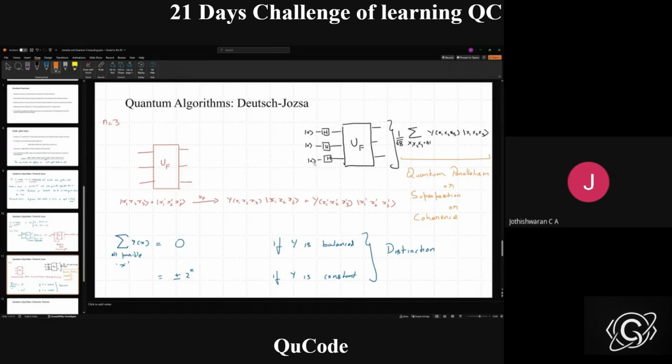If y was not a constant, if y was a balanced function, then the ket 0, 0, 0 state will never occur. So essentially what my Deutsch-Jozsa algorithm is doing is distinguishing between these two values of the sum for a constant and a balanced function.